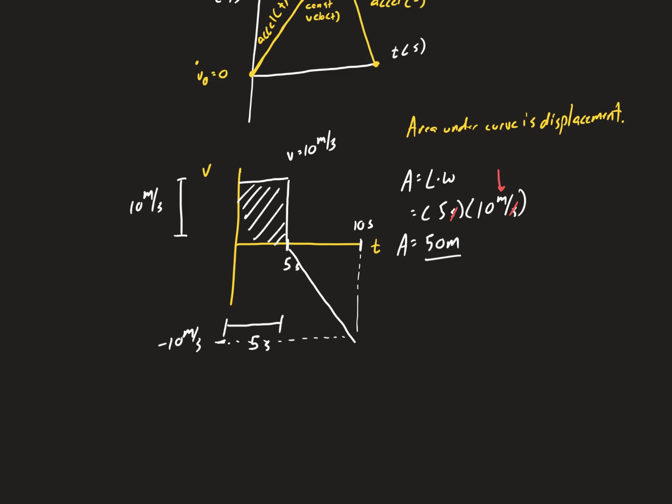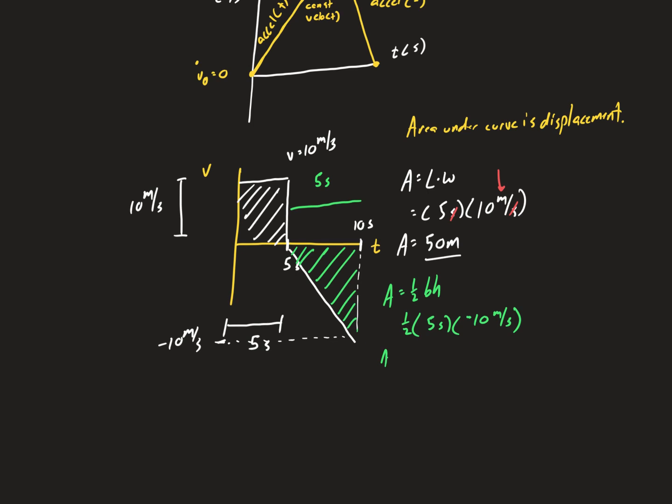So once again, what I would do is take the area of this shape right here. The area of a triangle is 1/2 base times height. Well, the base of this is 5 seconds, right? From 10 to 5, so make sure we understand that part. The height in this case is negative 10 meters per second, right? We're looking at the delta, so it gives me a negative 10.